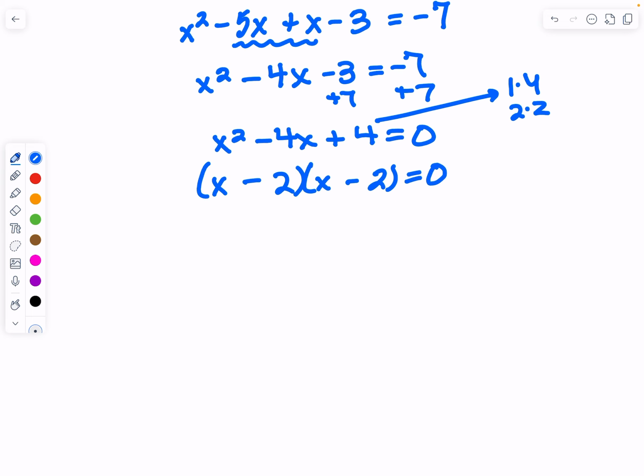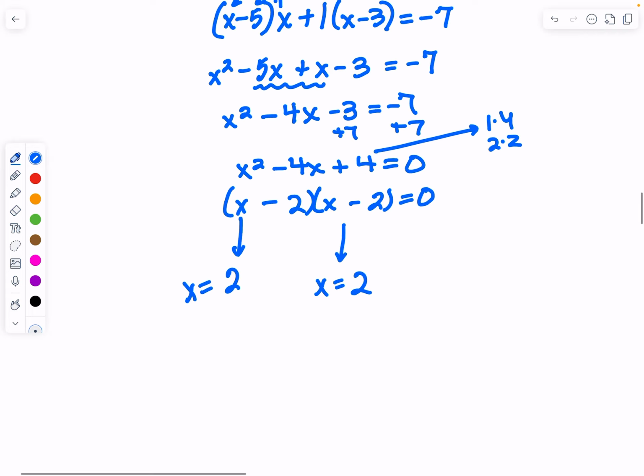So I've got 2. Now you could take each one of those and set them equal to 0 if you wanted. Okay. But I just look at it and say, you know what? I can just look at it and know that this would need to be a 2 to make the x minus 2 equal 0. I'm going to do the same thing there. So I have two answers, but they are the same thing. So x equals 2.